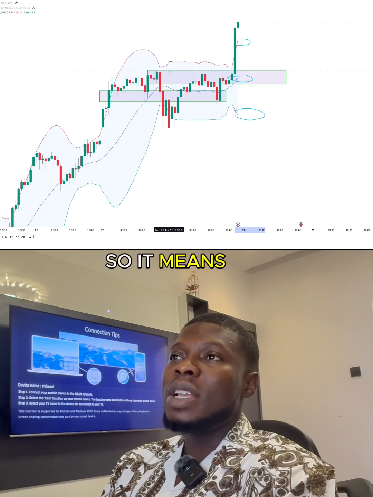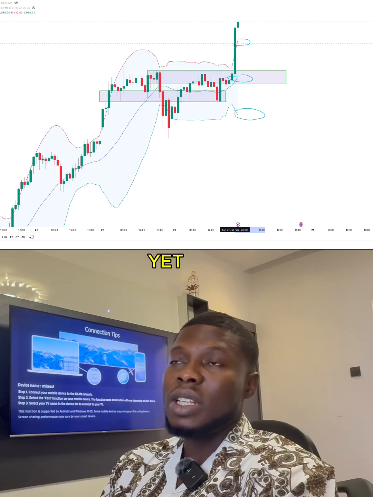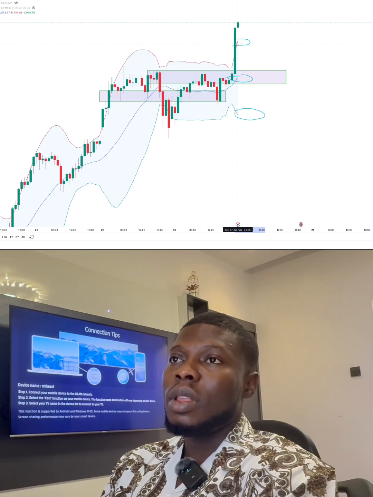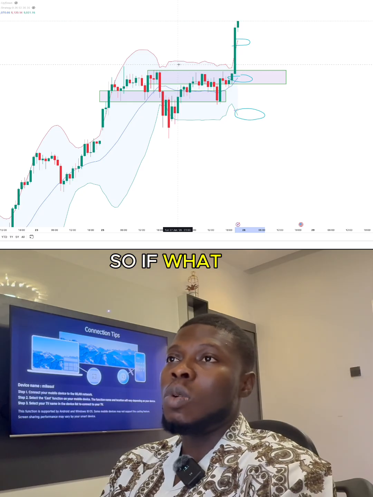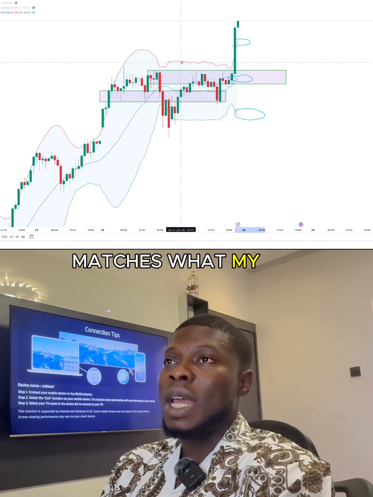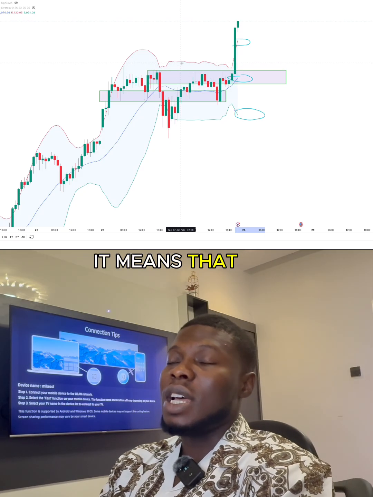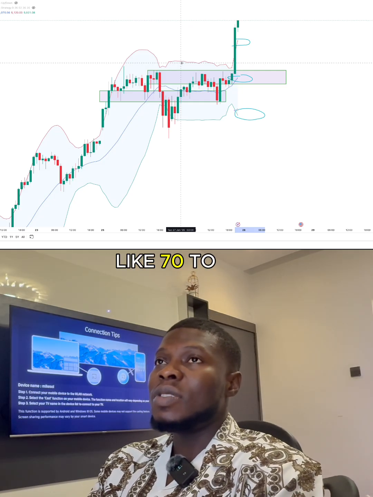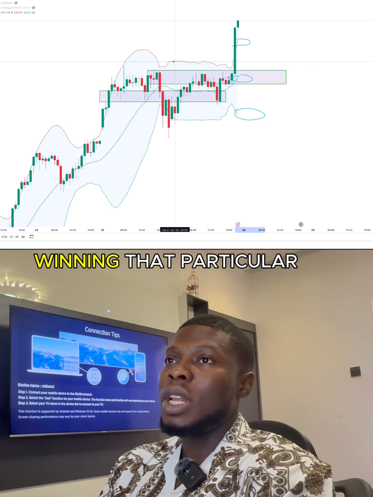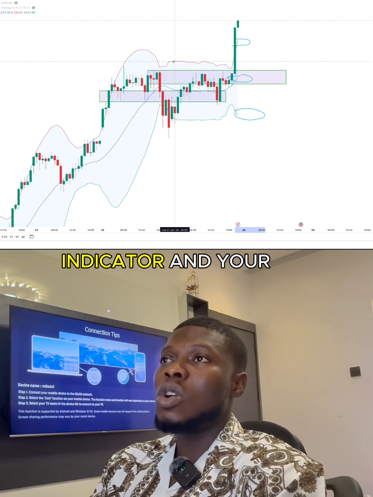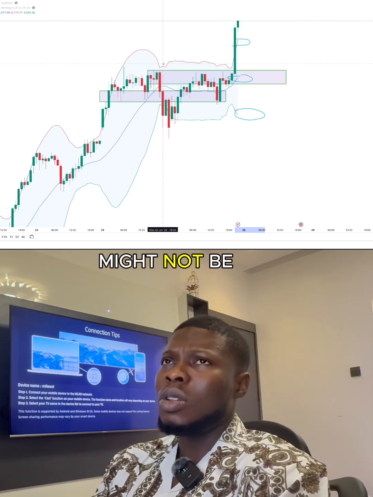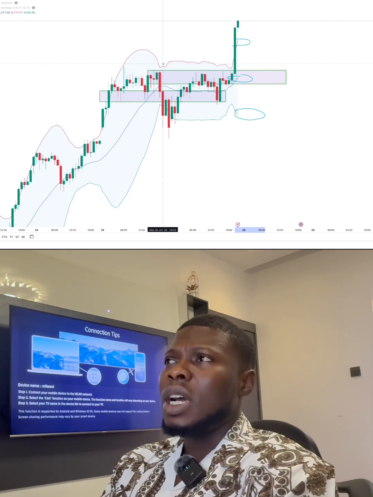It means that this market is not ready yet, so you just have to give it time. If what the indicator is saying matches what my analysis is saying, it means maybe 70 to 80% chances of winning that particular trade. But if your indicator and your analysis are different, that means you might not be right on that analysis.